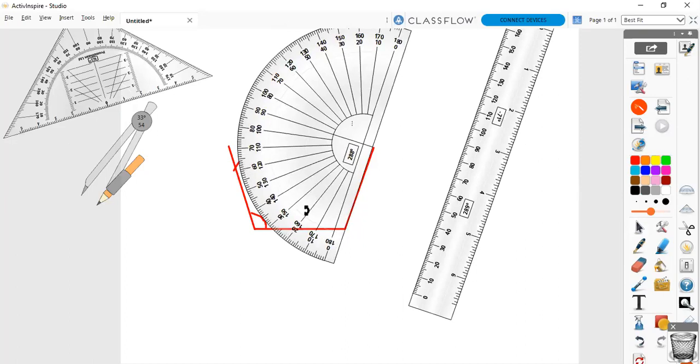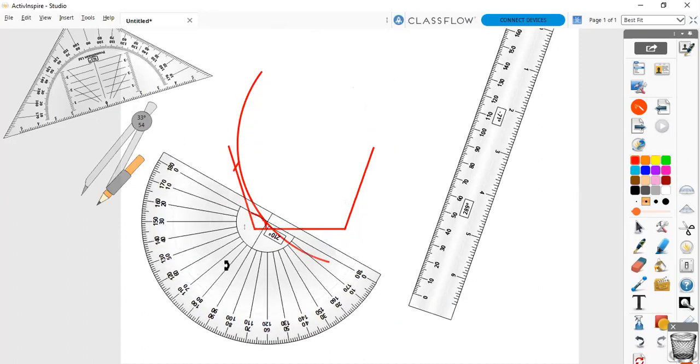Now mark 108 again by using the arc from here to, this is 100, and here it is 108, like this.